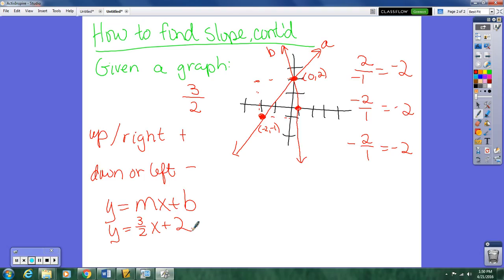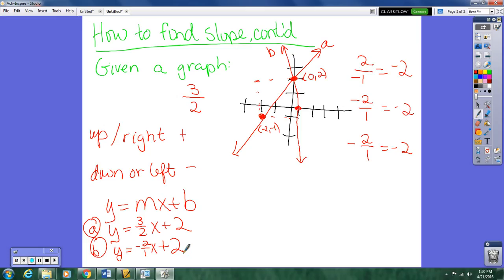What's the equation of line B? This one was A. What's the equation of B? y equals negative 2 over 1 x plus 2.